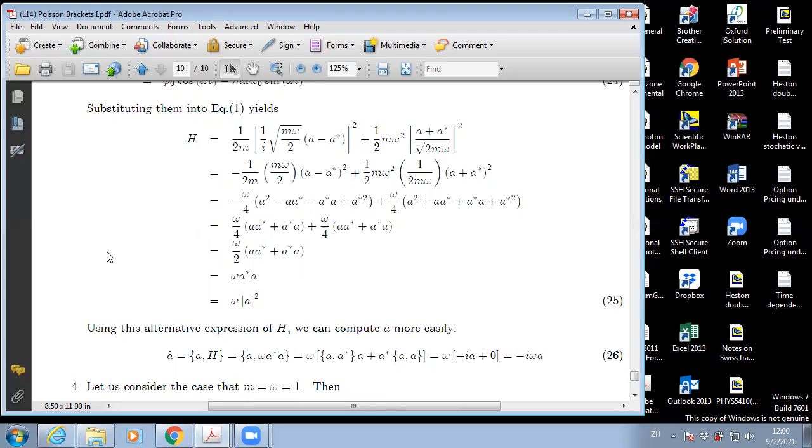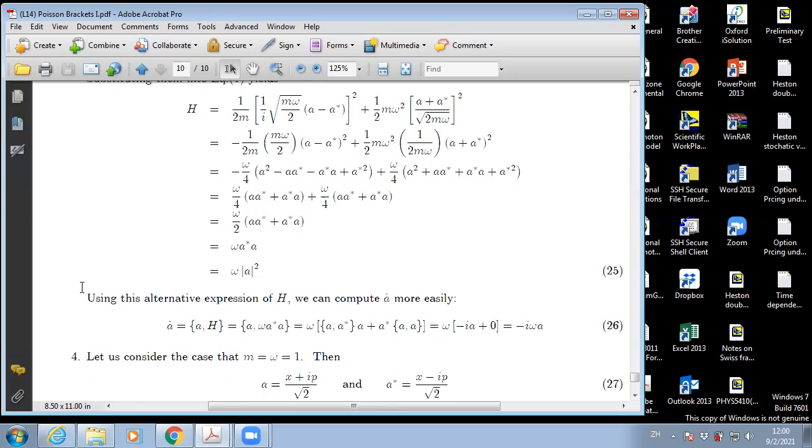Now if we start with expressing H in terms of A star A, then the Hamilton's equation for A and A star will become very simple.